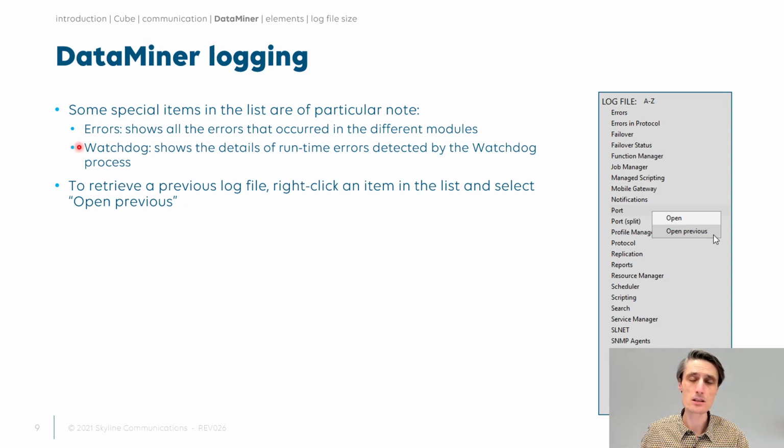Next to that, we have the Watchdog, and the Watchdog is basically a special process residing on the DataMiner agent, which will take a look if all the other processes are still doing their job correctly. And even within those processes, if all the threads are still doing their job. Basically how it works is that every process and every thread in the DataMiner agent needs to report back to the Watchdog on a regular basis to say that it's still doing its job.